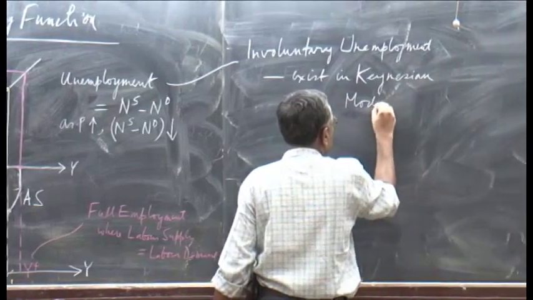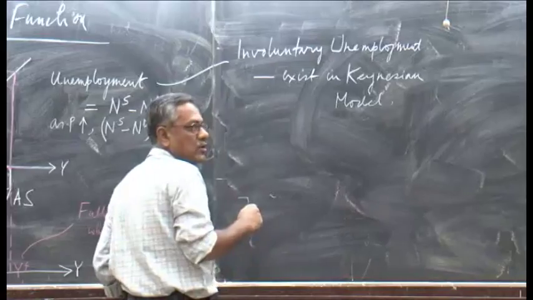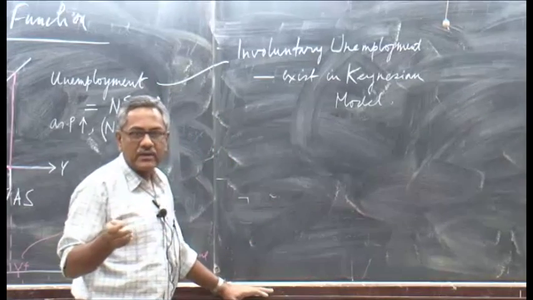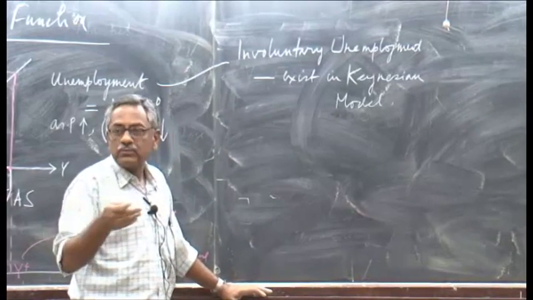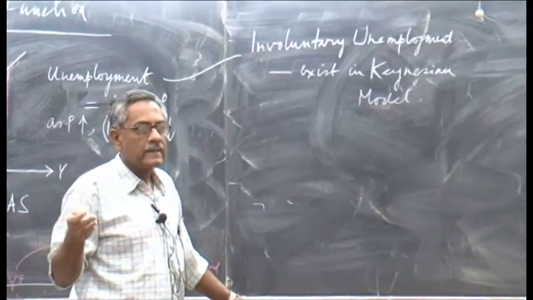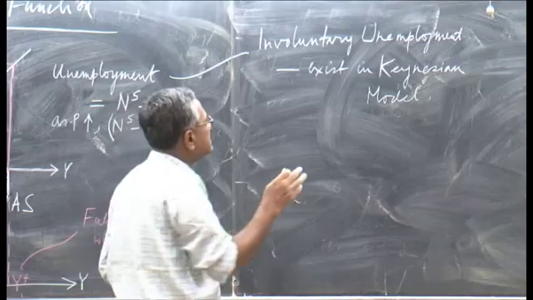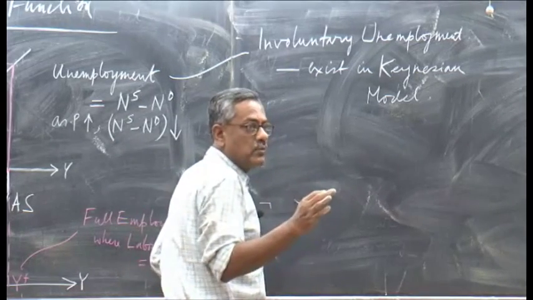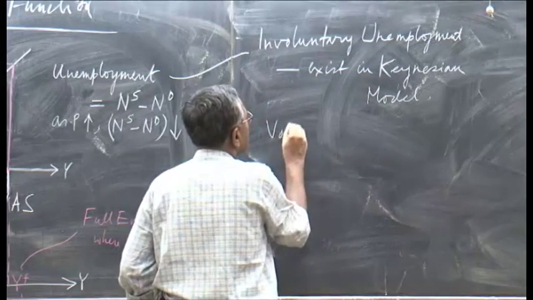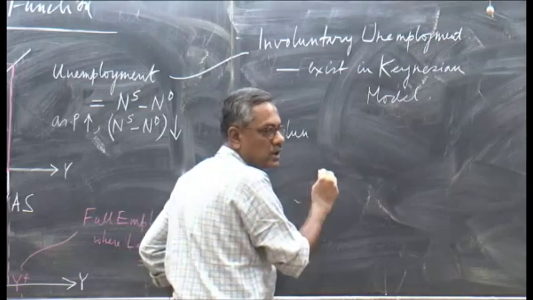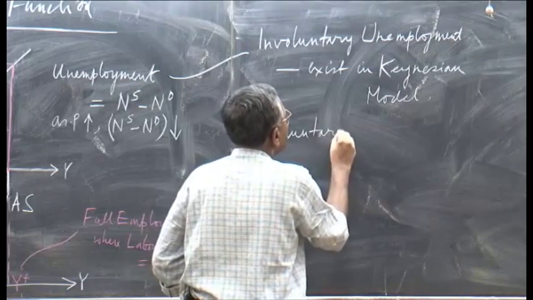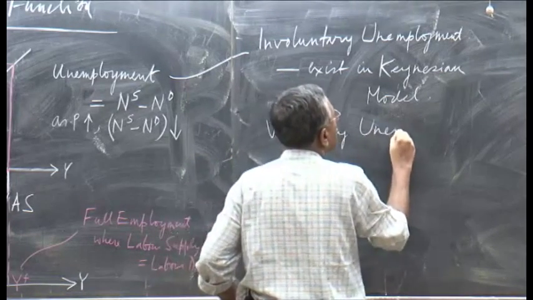but in the classical model, labor supply is equal to labor demand, so there is no unemployment. So in the classical model, if you can talk about unemployment, it can only be voluntary unemployment, which is not really true unemployment.